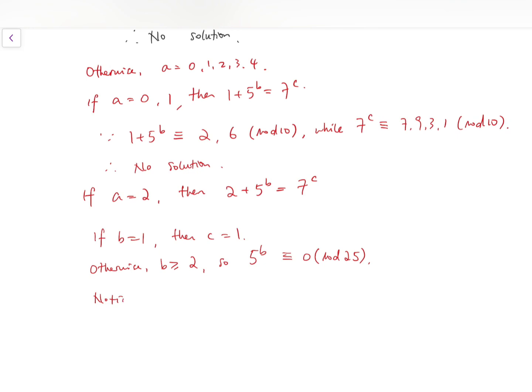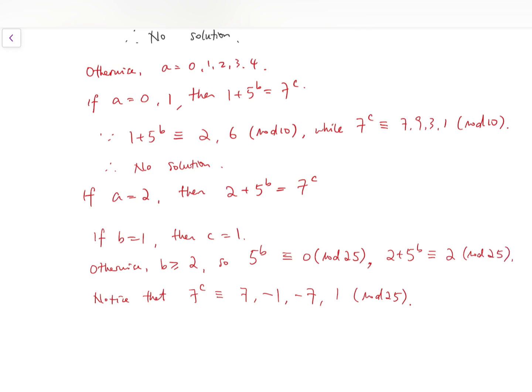Now notice that powers of 7 can only be either 7, and then 7 squared is 49, and that's minus 1 mod 25. So you can see that the sequence should repeat very quickly. Next one is minus 7, and the fourth one is already 1 mod 25. And because powers of 5 are then 0 mod 25, 2 plus 5 to the power b can only be 2 mod 25.